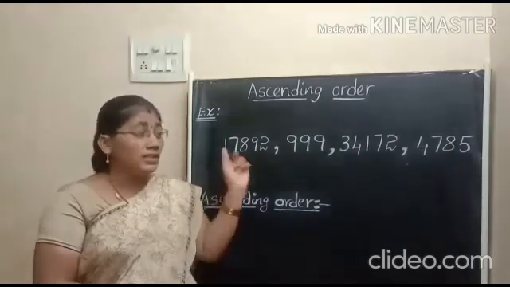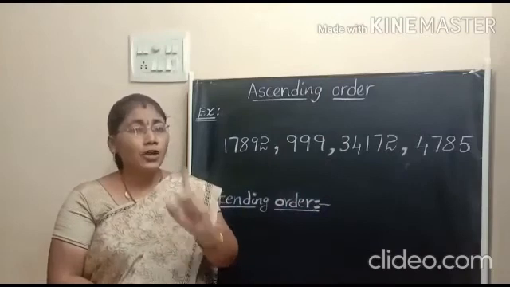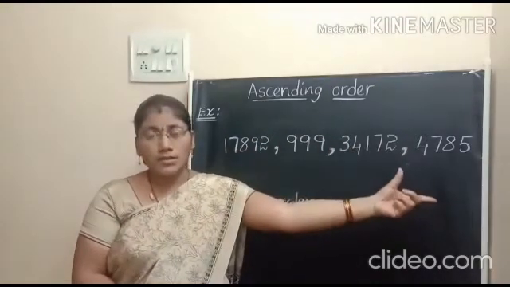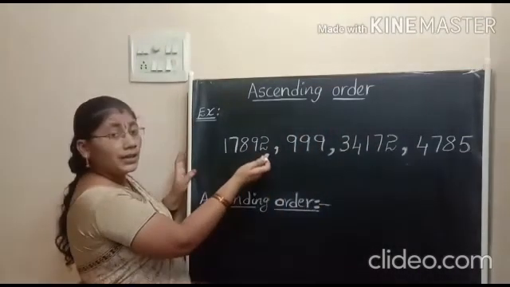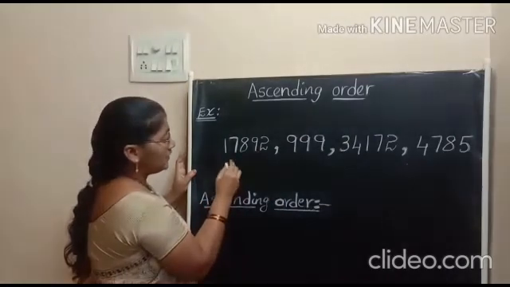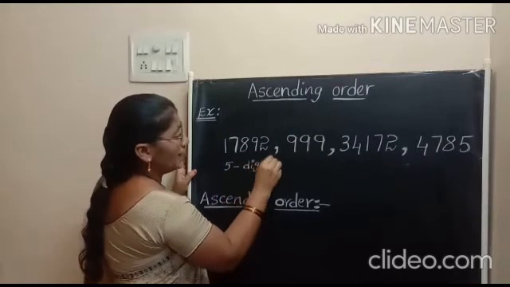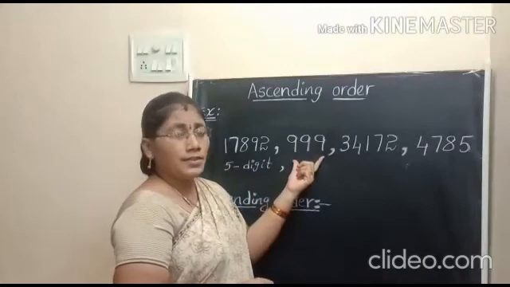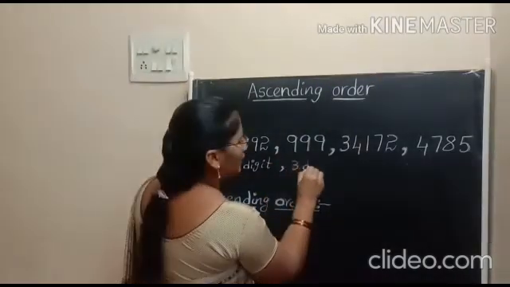To compare these numbers, what we have to do? First, we have to count the number of digits in each number. Let us count those. How many digits are here? 1, 2, 3, 4, 5 digits. This is a 5-digit number. The second number has 3 digits, so this is a 3-digit number.